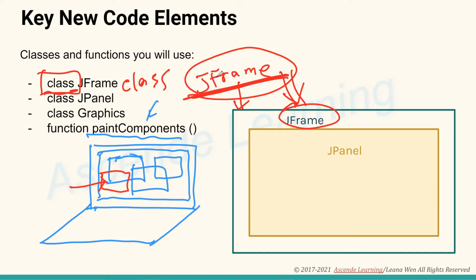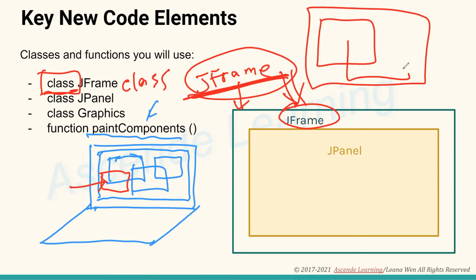Furthermore, inside the JFrame, you can potentially draw a lot of different components, but we're going to keep things very simple. We're going to just use one component, which is called the JPanel. Everything that we draw, we're going to draw within this JPanel. And this JPanel will be just one of the components you put into the JFrame. That's it. I'll show you the code.